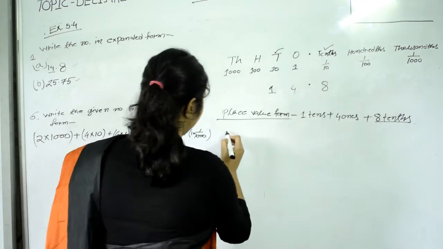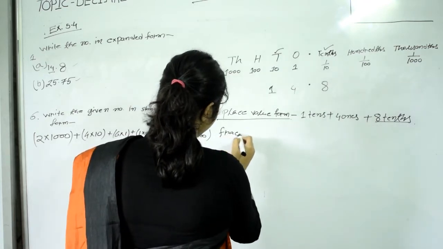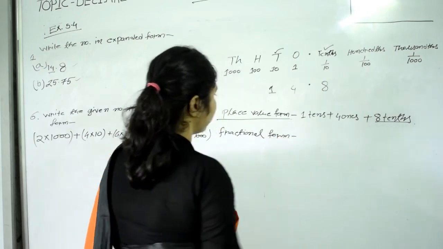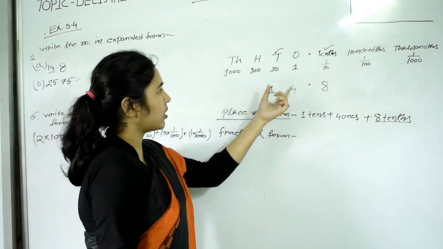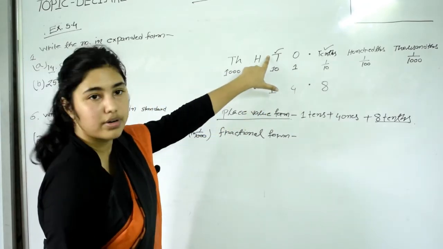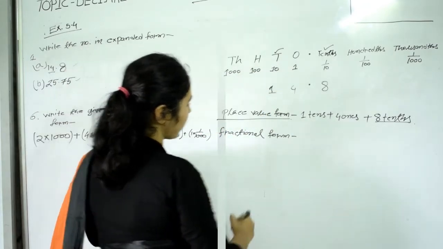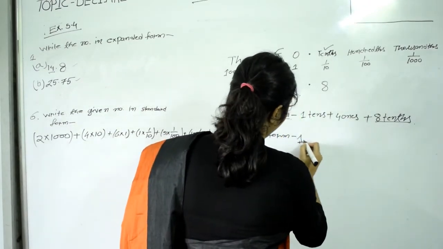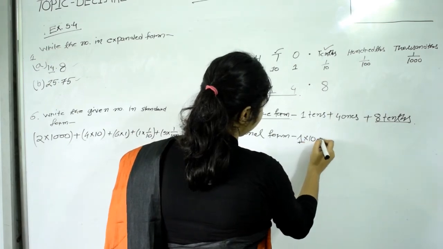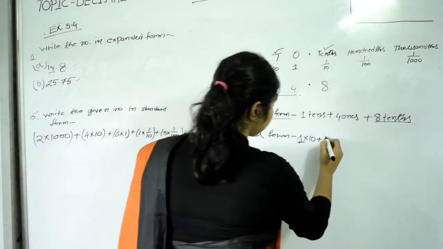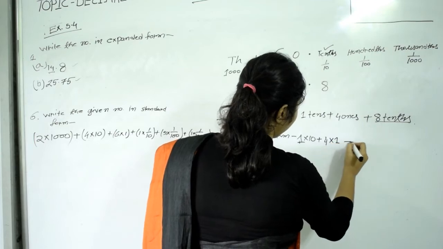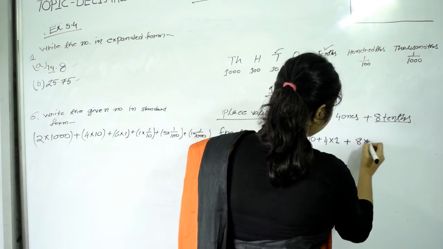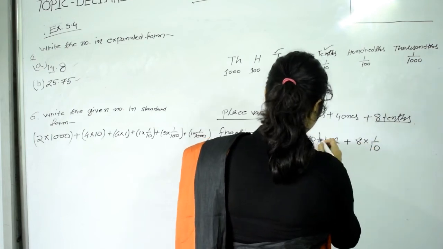Okay. Next, fractional form. 14, which means 1 tens and 4 ones, right? So write this whole number part as 1 tens plus 4 ones. So 10 into 1 plus 4 into 1 plus 8 tenths, which means 8 into 1 by 10.